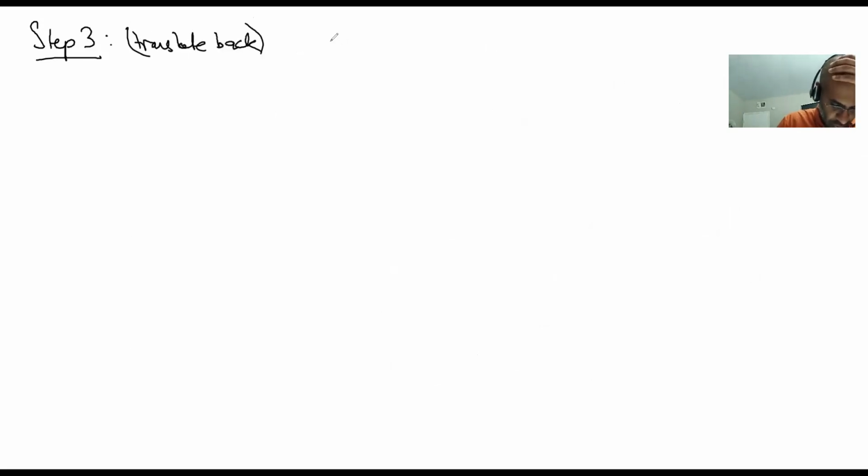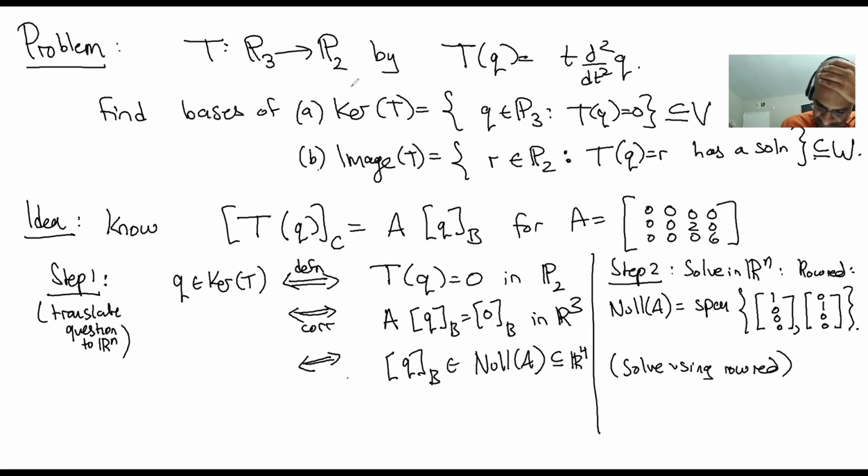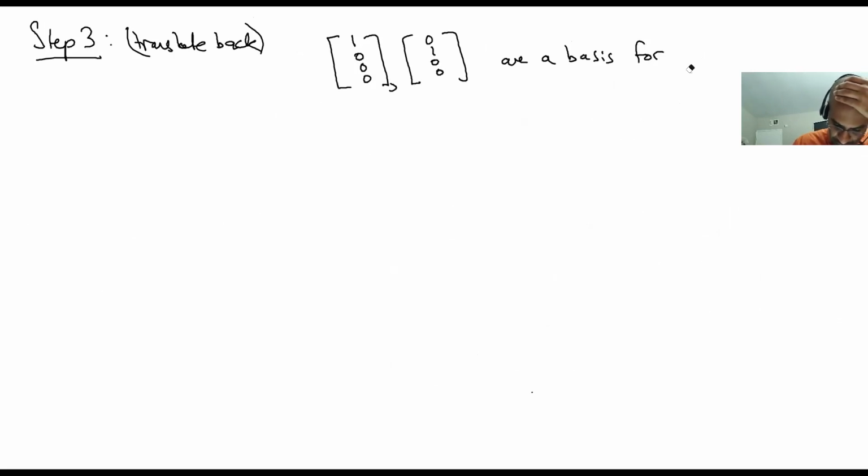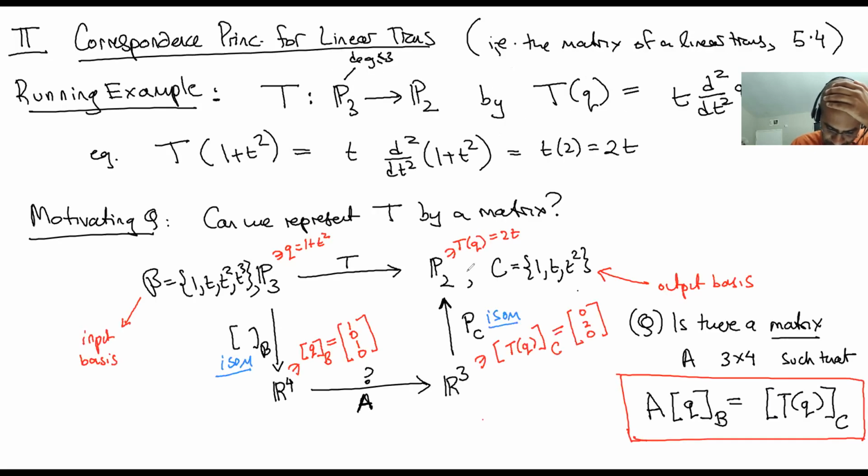So what do I know? I know that these two vectors, 1, 0, 0, are a basis for the null space of A. And if I apply the correspondence principle, which means going back to this diagram, I need to go from R4 to P3.